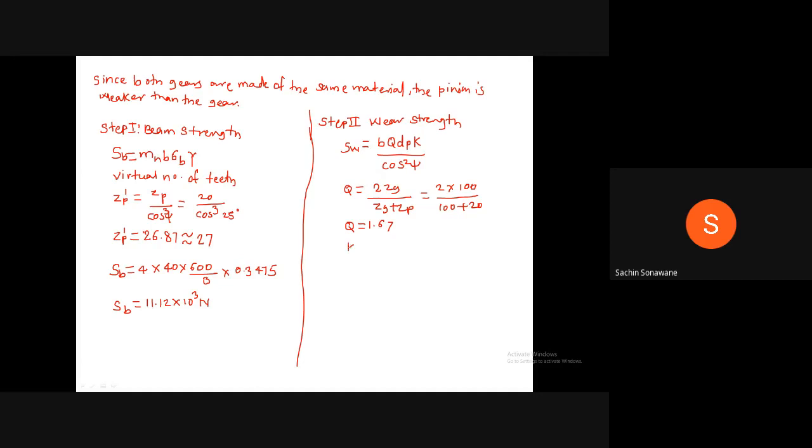K is nothing but, what is the equation? 0.16 into BHN divided by 100 bracket square. Therefore, 0.16 into bracket 300 divided by 100 bracket square.